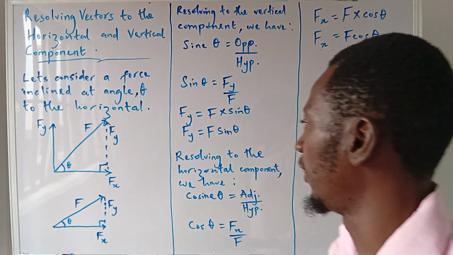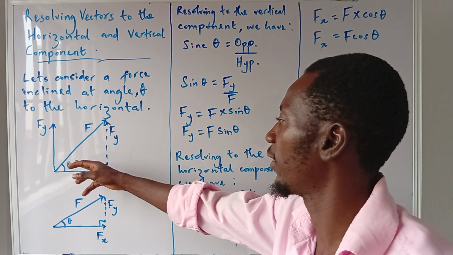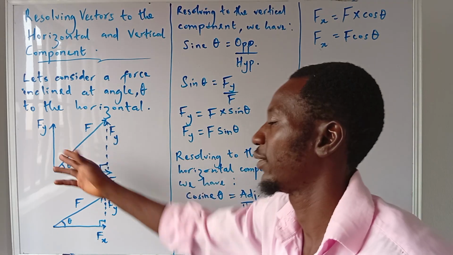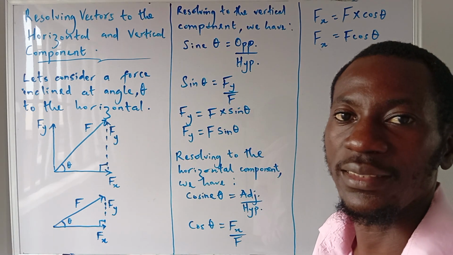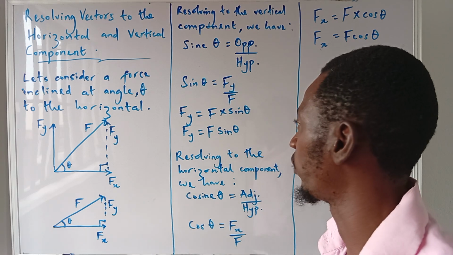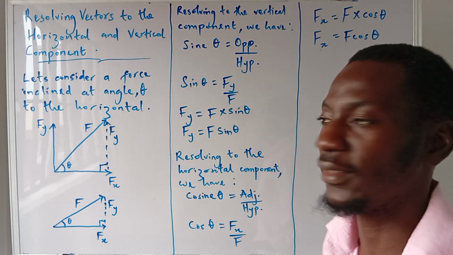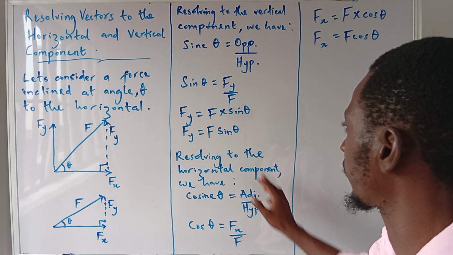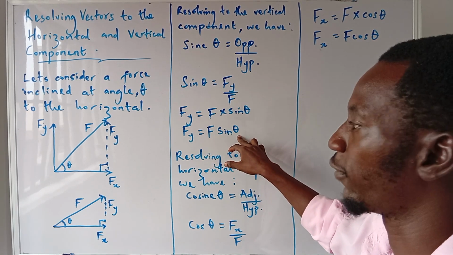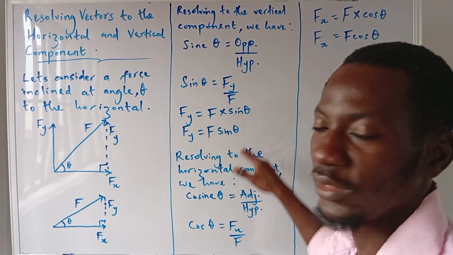And this can be done practically when you assume your angle theta to be 30 degrees and probably the force to be 10 newtons. To get the vertical component and the horizontal component, you just substitute 10 for F and 30 for theta in the formula here and do the calculation.